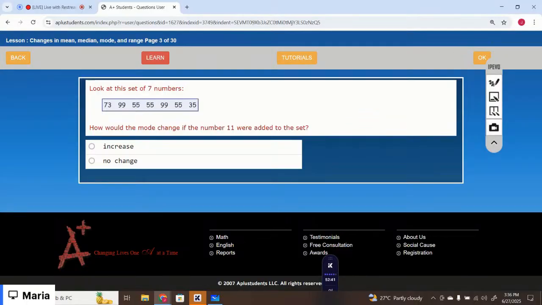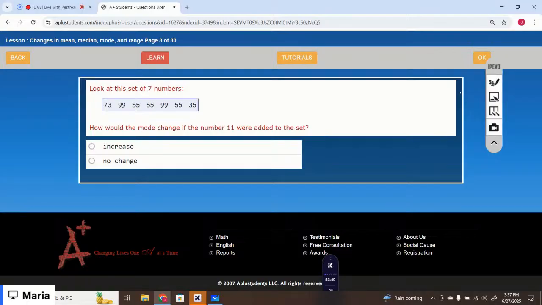Look at the set of 7 numbers. How would the mode change if the number 11 were added to the set?